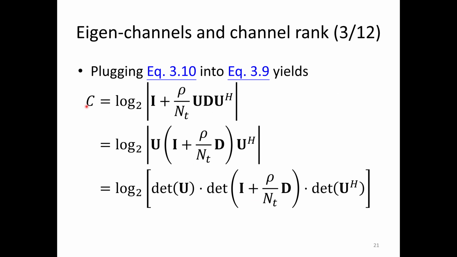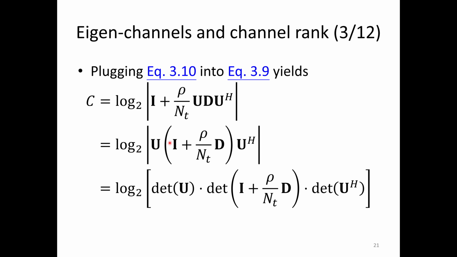Okay, so this yields C is equal to log 2 of the determinant of I plus rho over NT times U D U Hermitian.